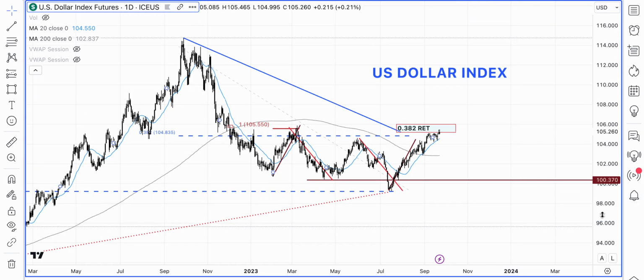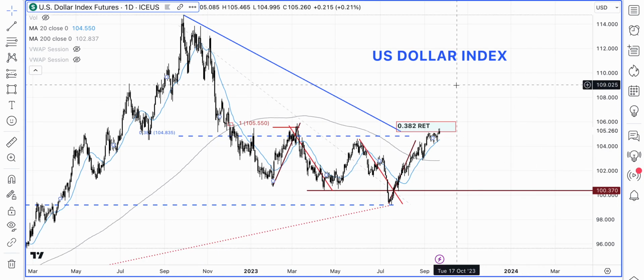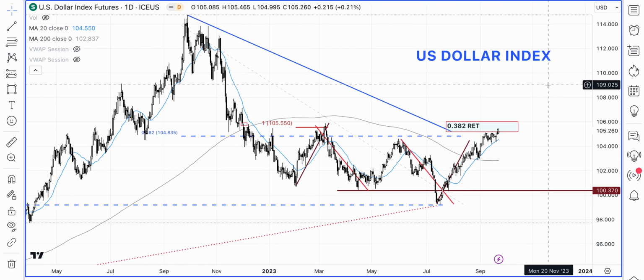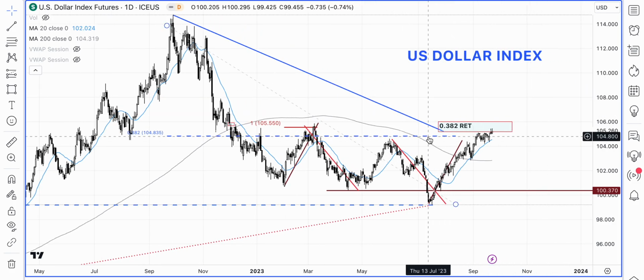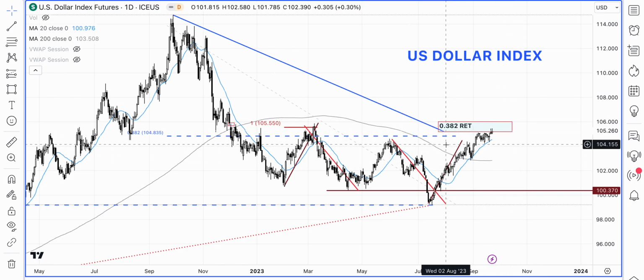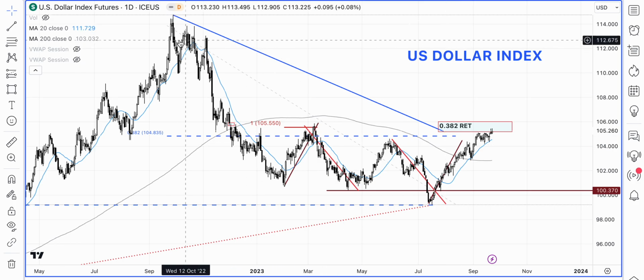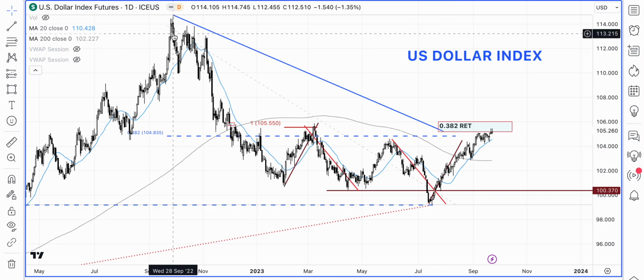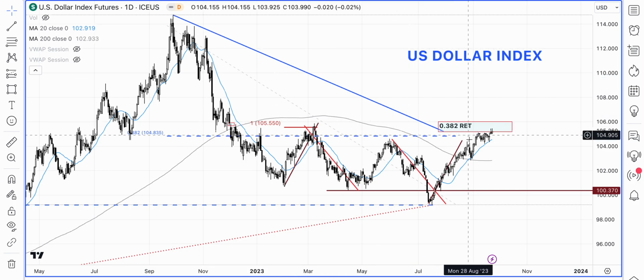So what we can see is that this market is right into a zone which is right at the 38.2% Fibonacci retracement. In fact, the market is trading a little bit higher than the exact 38.2% Fibonacci retracement drawn from these highs of the 20th of September 2022. But it's really finding quite a lot of resistance.